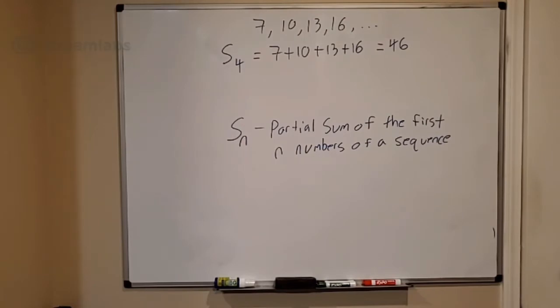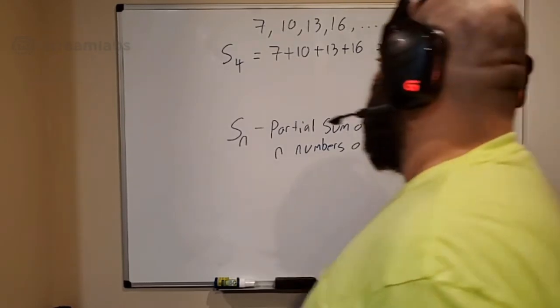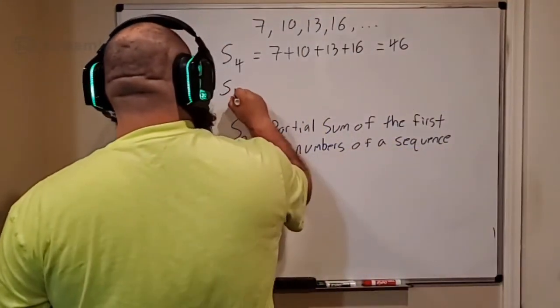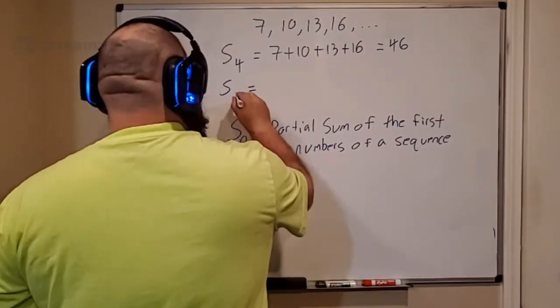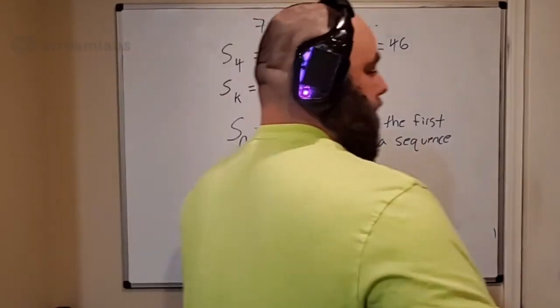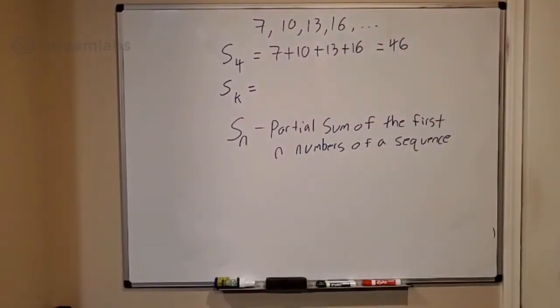The question is, if I want what we call S sub k, in our case, or you could do S sub n or whatever, what I'm asking for when you see S sub k is a generic formula for the sum of any number.